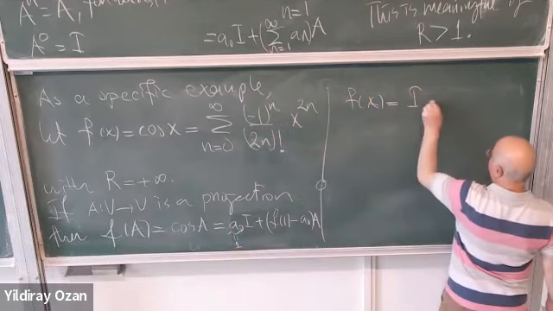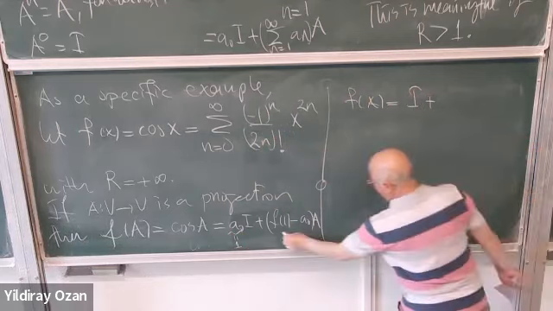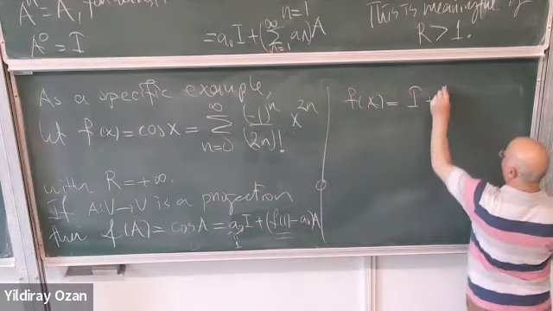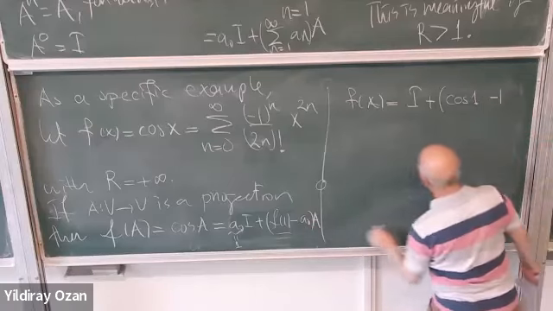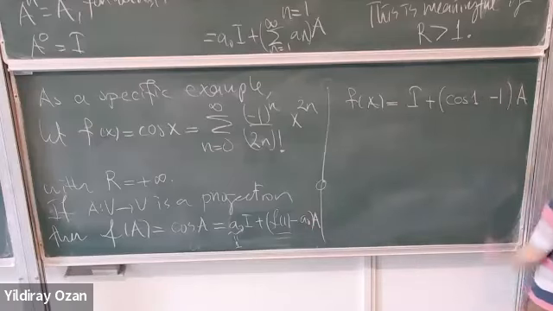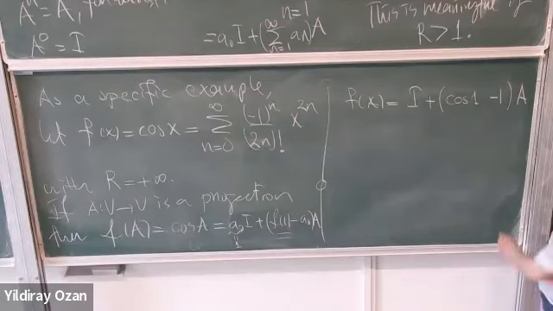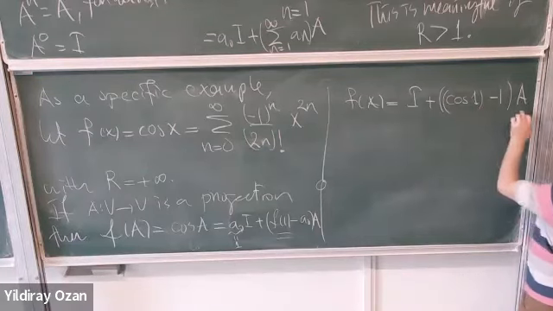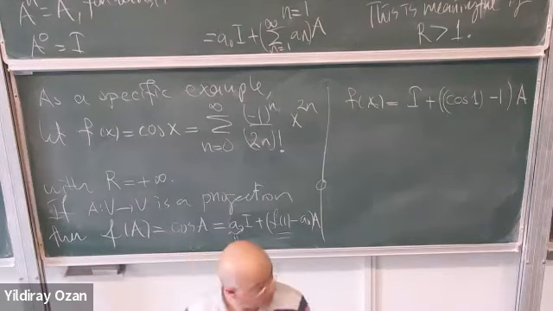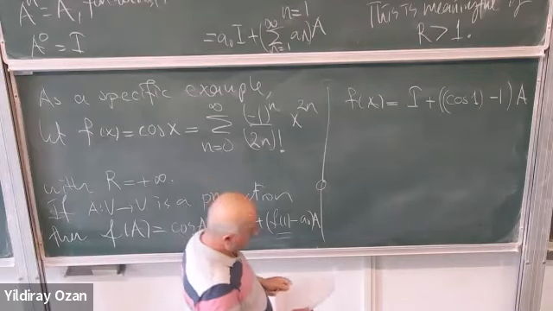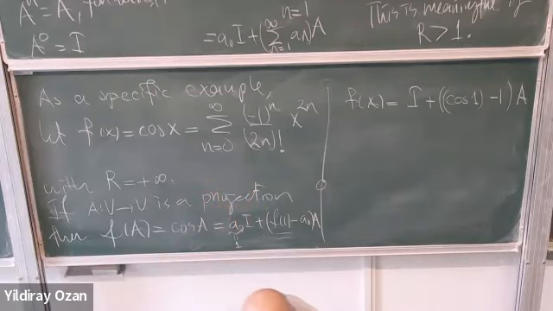Therefore, it is just 1 plus f of 1, which is cosine 1, minus a zero, which is 1, times A. Okay. So let's have a break. After the break, we'll continue.